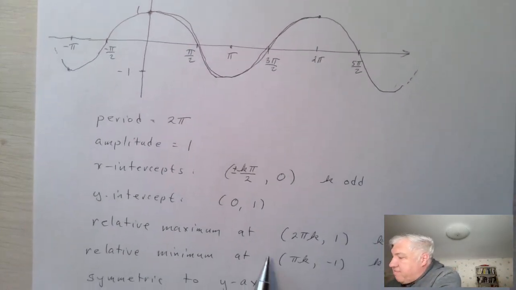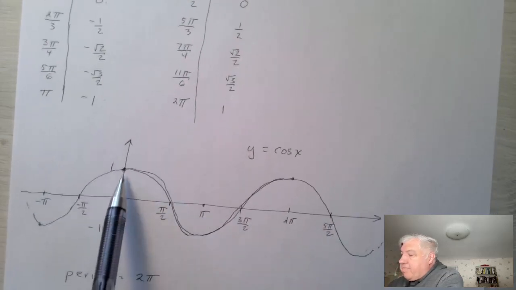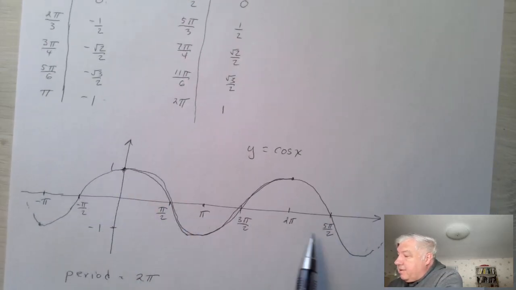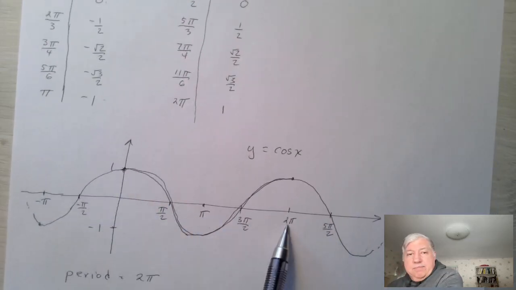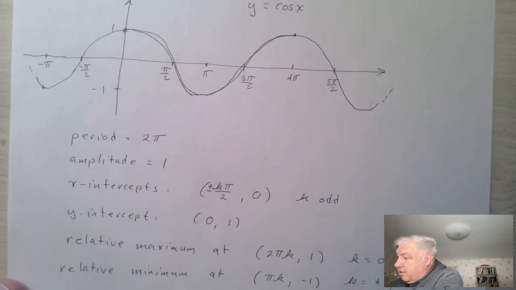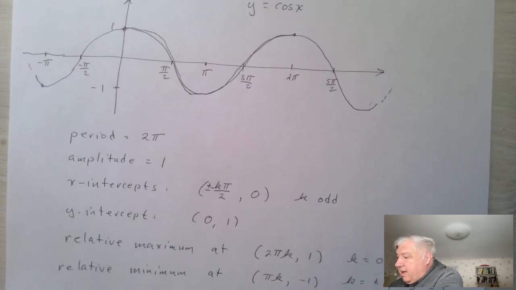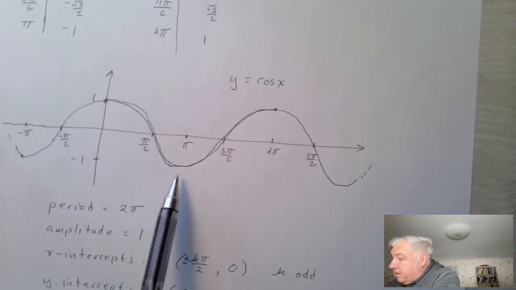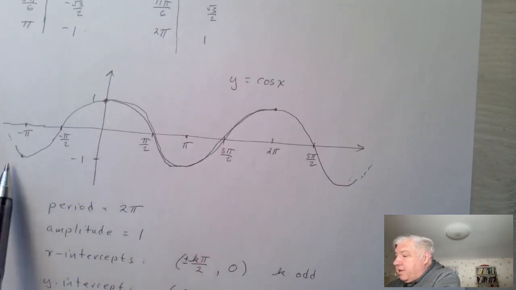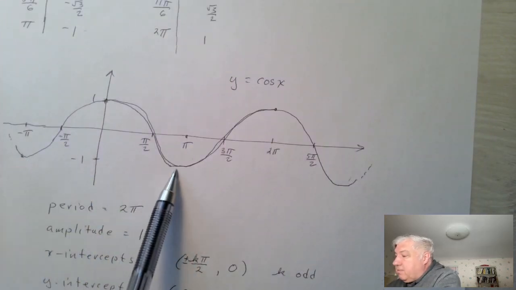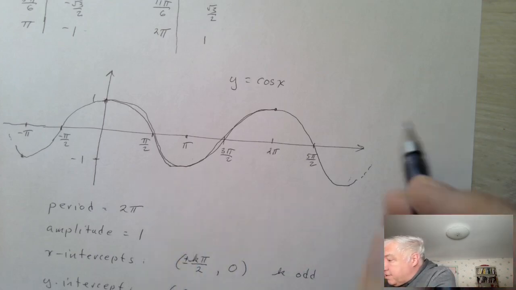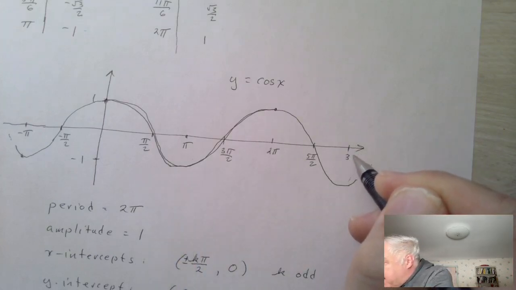We have a relative maximum. We have our peaks occurring at multiples of 2 pi, right? So that's at 2 pi k, where k is an integer. And the relative minimum occurs at negative pi, this next one occurs at 3 pi.